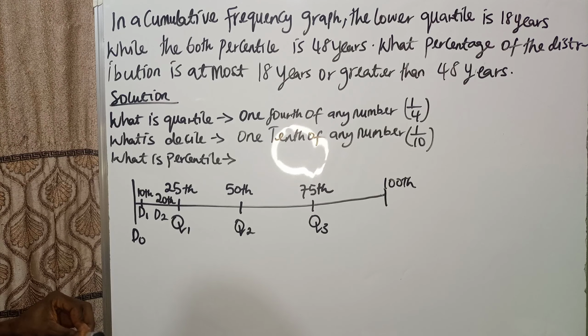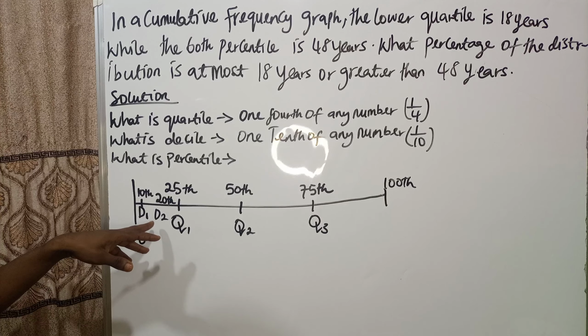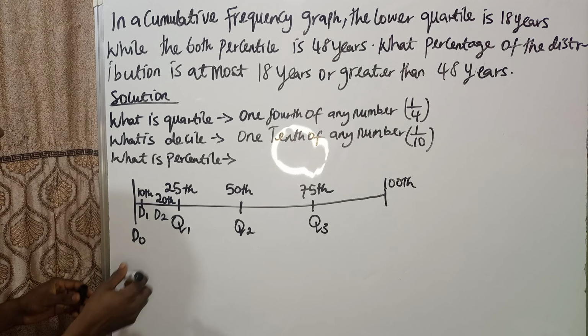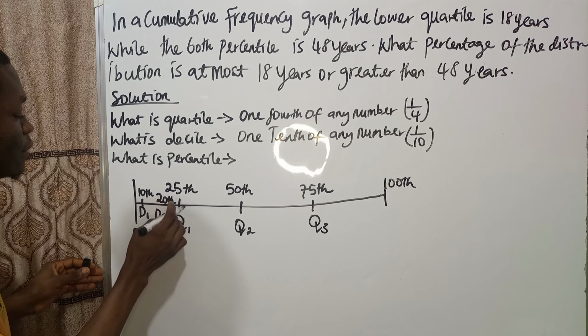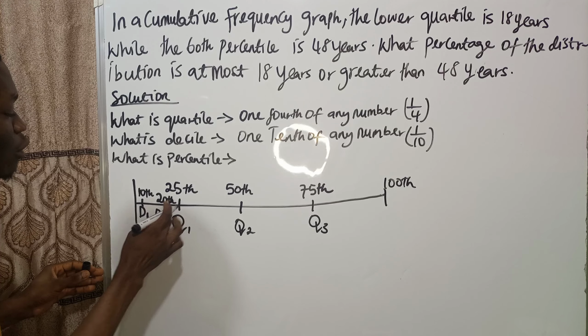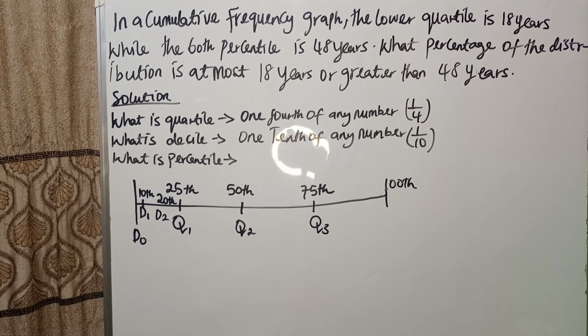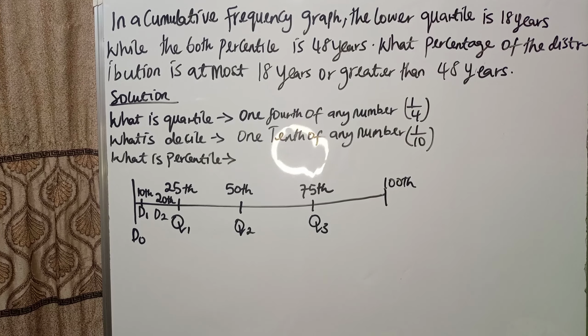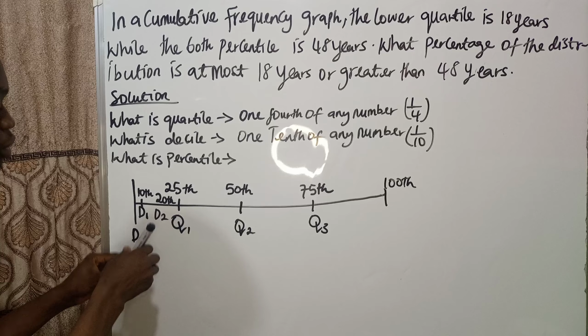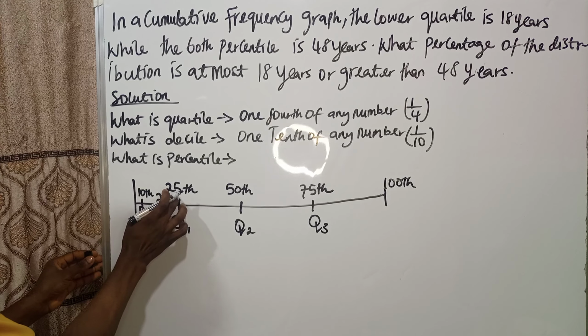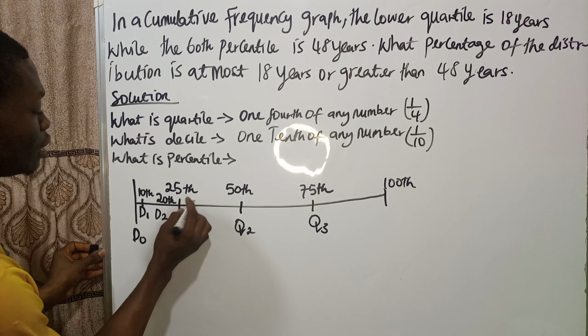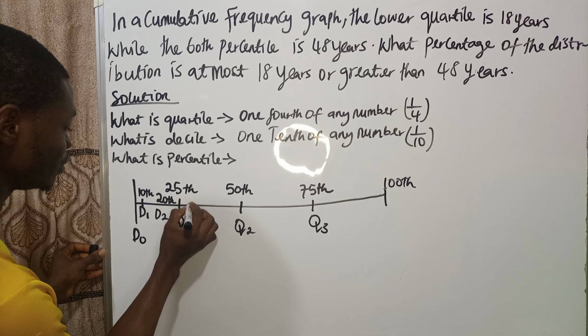So we have 20, 25. We are still going to add. I hope you can see it from there. So this place is our 20, and 25 is here. Now 30 will be somewhere here.